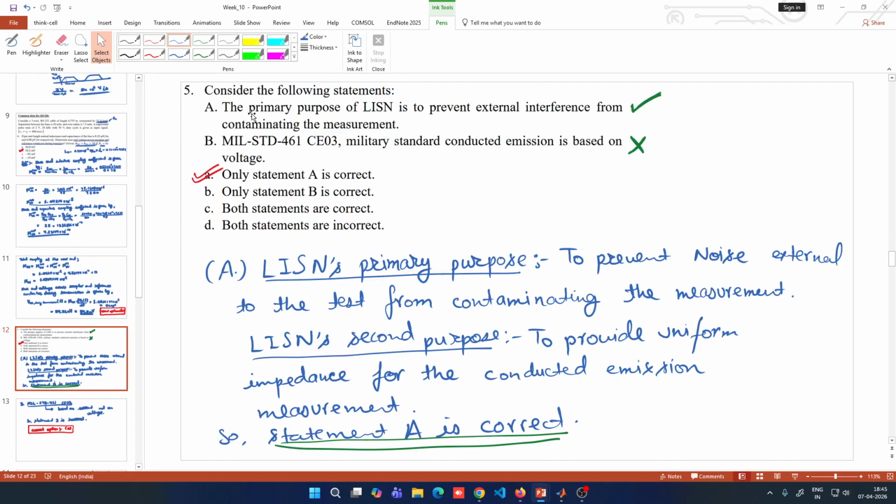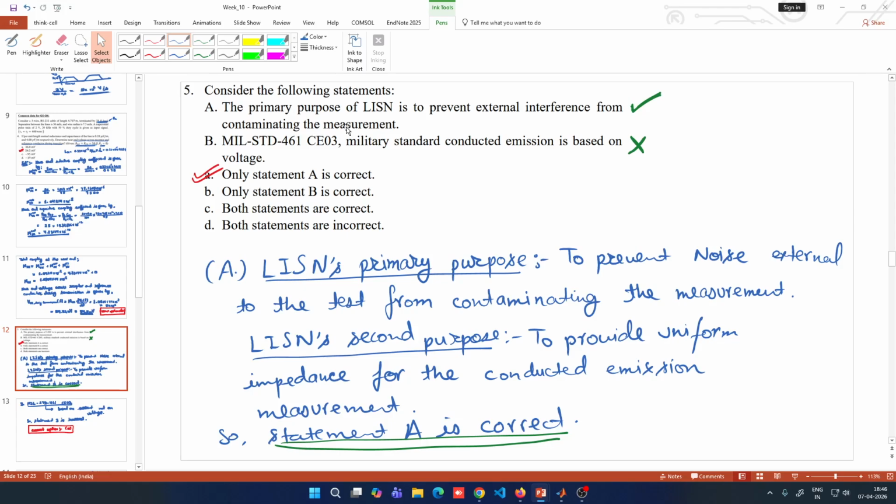And in question number 5, two statements are given and we have to choose the correct one. The primary purpose of LISN, the line impedance stabilization network, is to prevent external interference from contaminating the measurement.